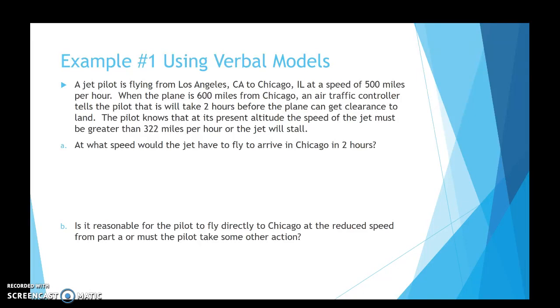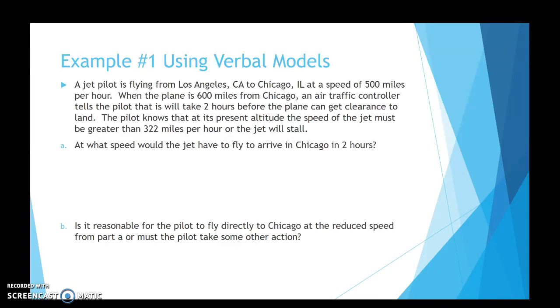It says a jet pilot is flying from Los Angeles, California to Chicago, Illinois at a speed of 500 miles per hour. When the plane is 600 miles from Chicago, an air traffic controller tells the pilot that it will take 2 hours before the plane can get clearance to land.